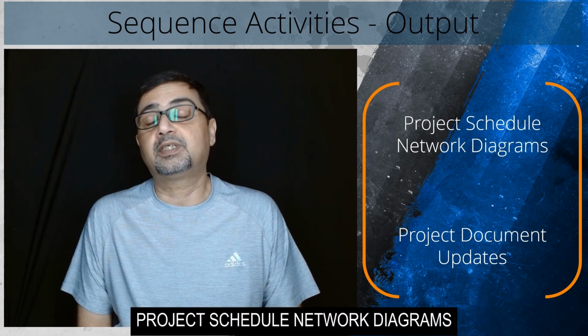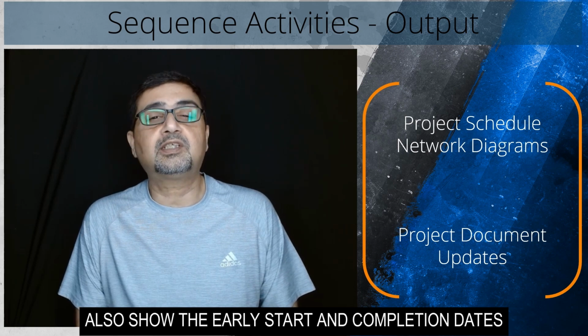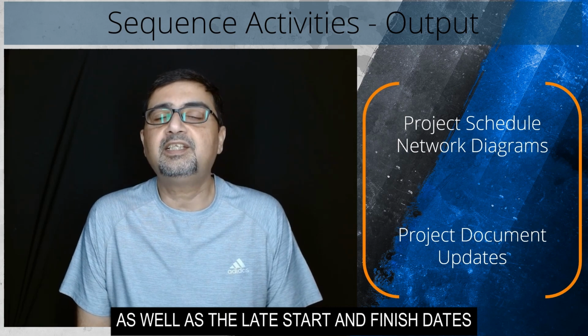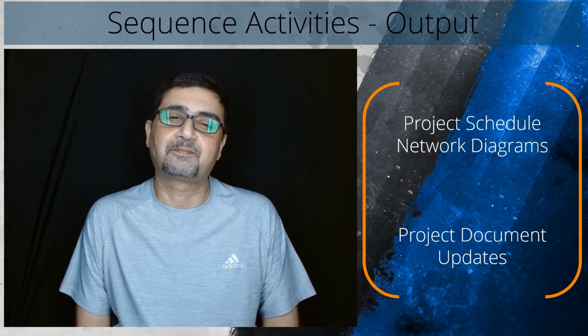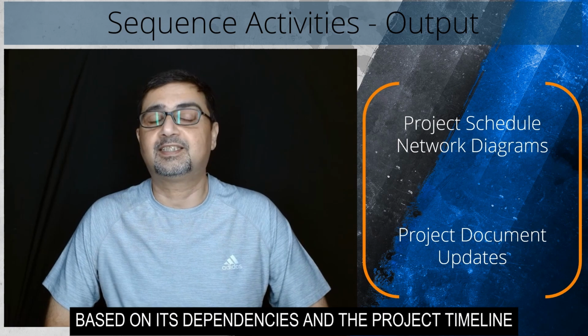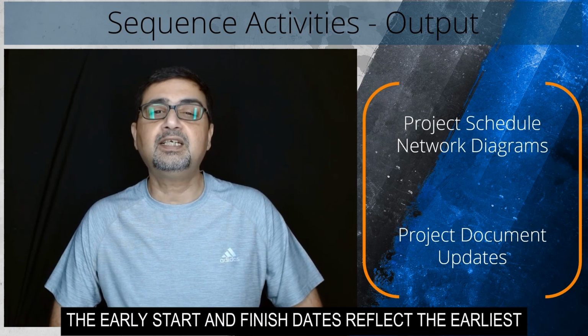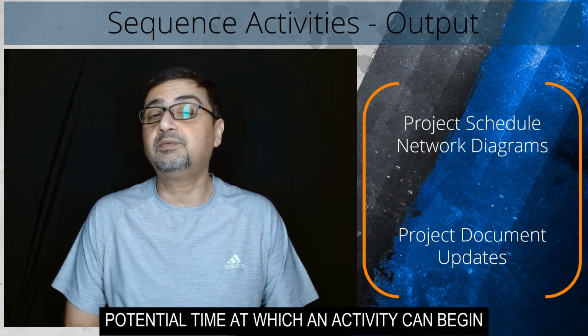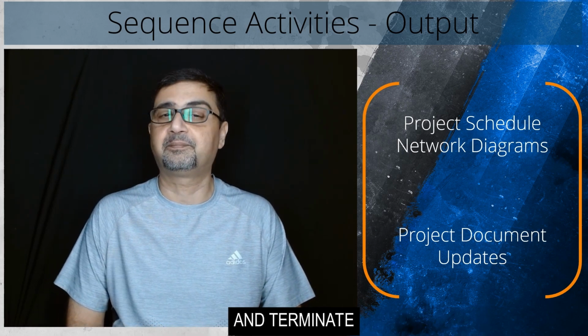Project schedule network diagrams also show the early start and completion dates for each activity, as well as the late start and finish dates. Based on its dependencies and the project timeline, the early start and finish dates reflect the earliest potential time at which an activity can begin and terminate.